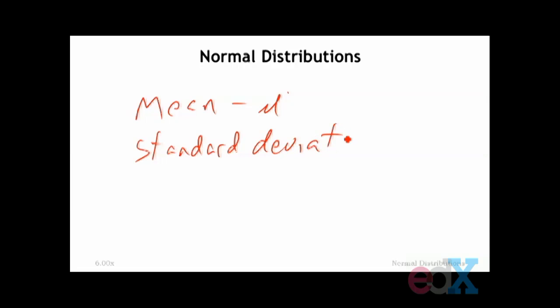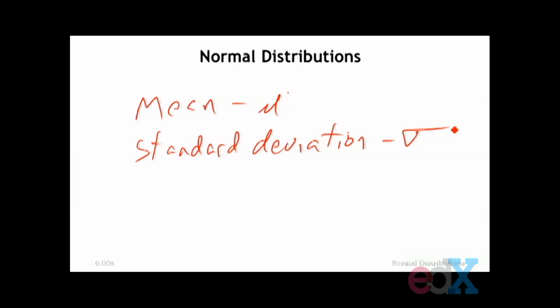Normal distributions are nice mathematically because they can be completely specified by two parameters: the mean, often written with the Greek letter mu, and the standard deviation, something we've already talked about quite a lot, often written with the Greek letter sigma. Knowing these two parameters is equivalent to knowing the entire distribution.